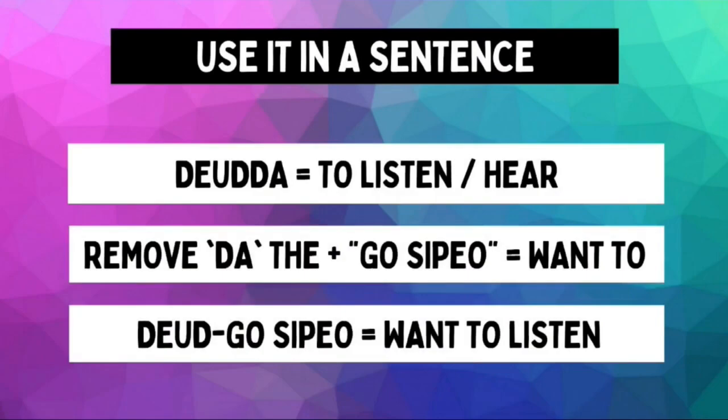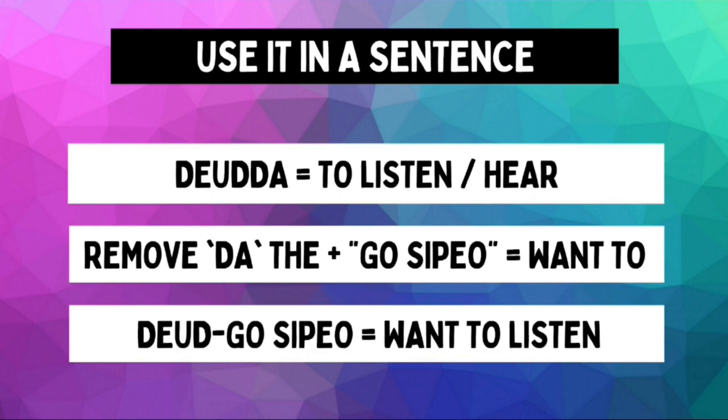The 듣고 싶어 part is actually related to our word for today, which is 듣다. So as mentioned, 듣다 is a verb which means to listen or hear. But for us to be able to use it in a sentence, we need to conjugate it. And for this case, we want to say the line want to hear or want to listen. And in Korean, if you want to express that you want to do something, you'll need to add 고 싶어.